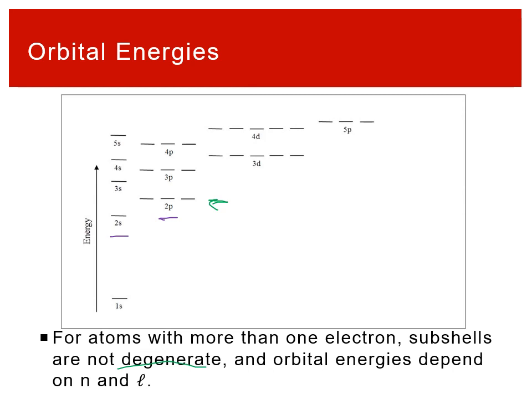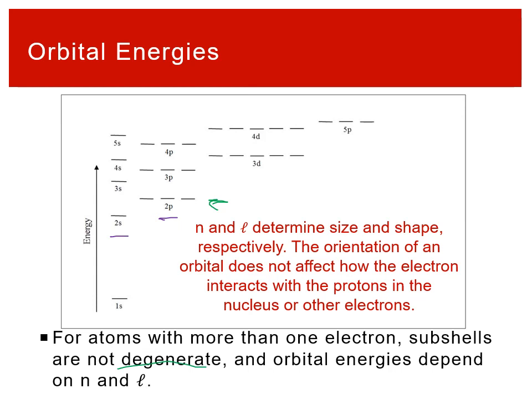You only need to look at subshells. Different orbitals within a subshell all have the same energy, which makes sense because they just have different orientations. It's like a dumbbell pointing in different directions, but it's all the same idea. That n and l, though, determine size and shape. That's really going to affect how those electrons interact with each other and the nucleus, and therefore the energy.